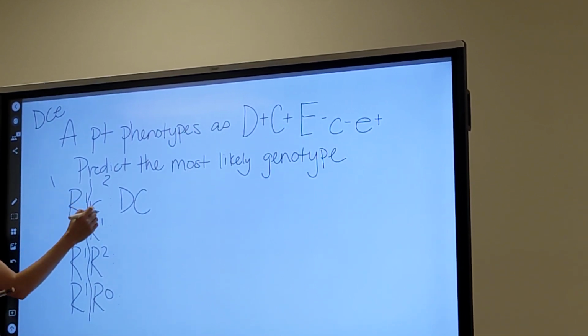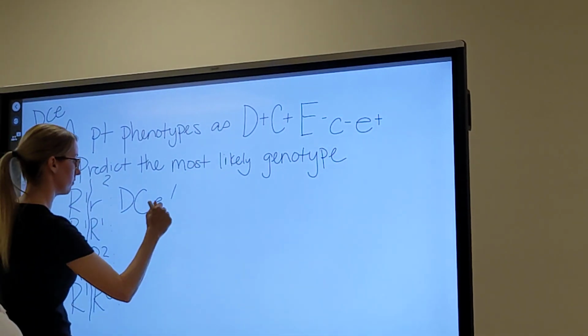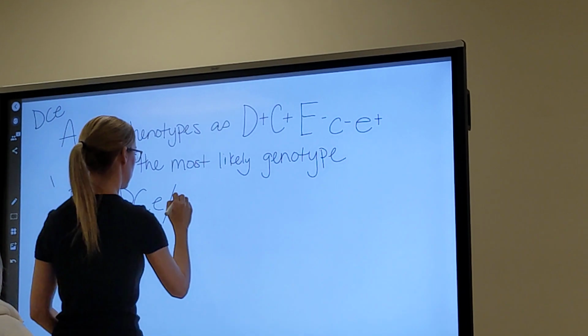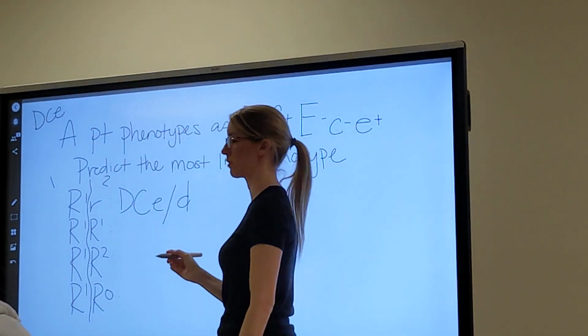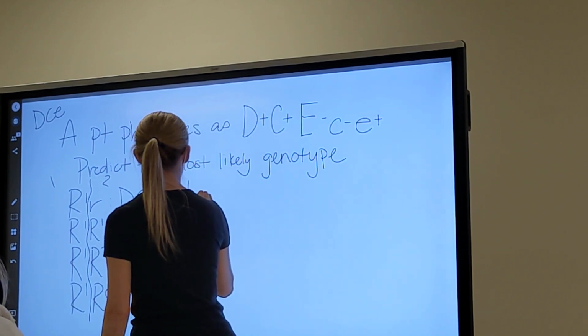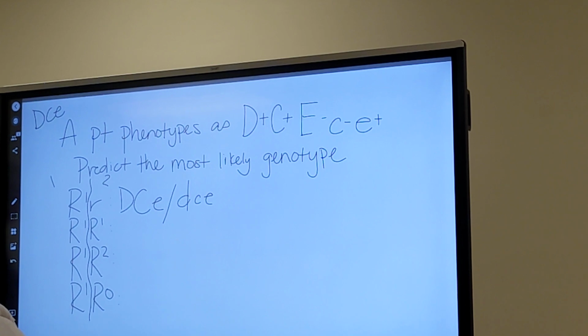And so little r, well, that's the little e. Little r means that there's a little d, and nothing after that means nothing's capitalized after that. So C and E. So y'all do the other three. I'll give you a few minutes to do it, and then I'll put them up there.